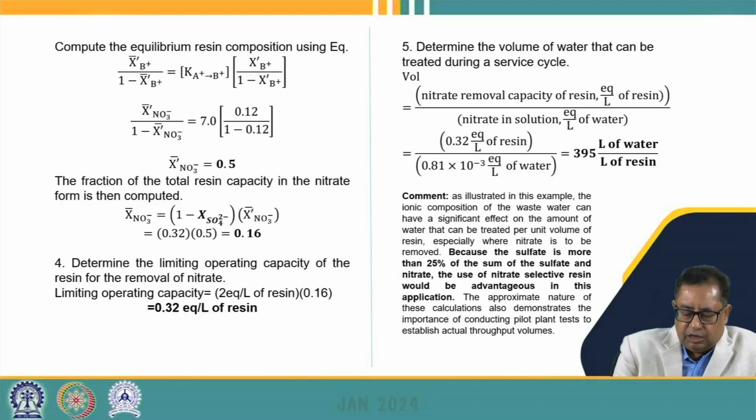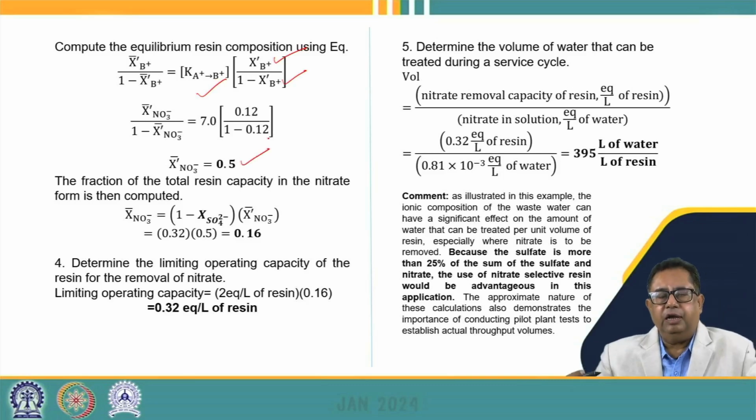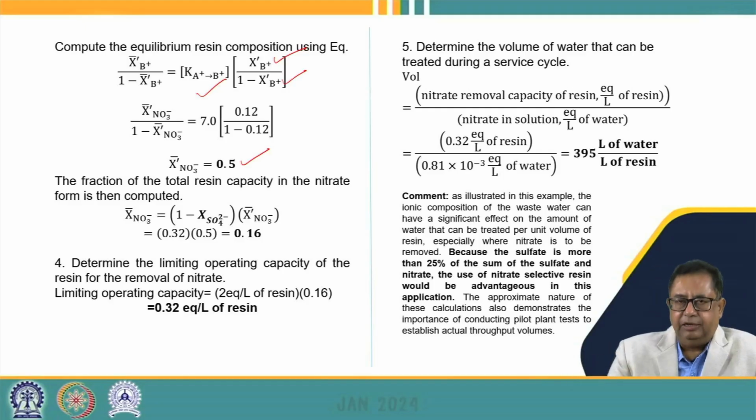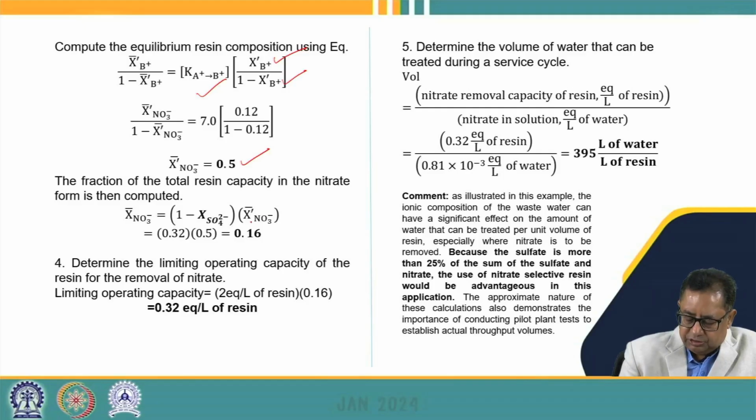Based on these, we can calculate the fraction of nitrate that will be on the resin, occupied by the nitrate. Now we know that only 32% of sites were left after the sulfate occupied the sites. So only 32% of sites are left for our nitrate.